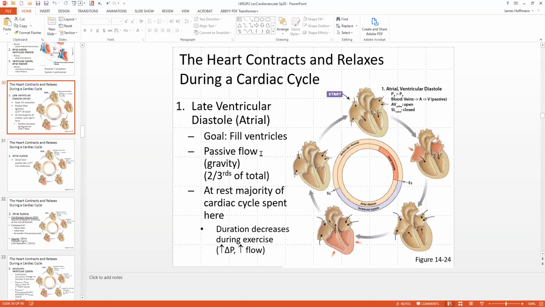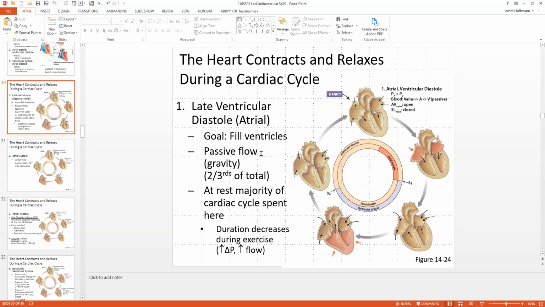And of that 70 mils, somewhere in the neighborhood of about 45 or so of the blood comes from that passive filling in the first phase of the cardiac cycle called late ventricular diastole. Okay? Most of your cardiac cycle is spent in this phase. And that's why when we calculate mean arterial pressure, we say 1/3 systolic plus 2/3 diastolic at rest, right?